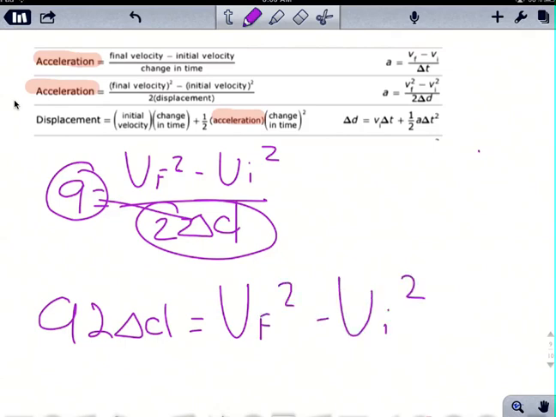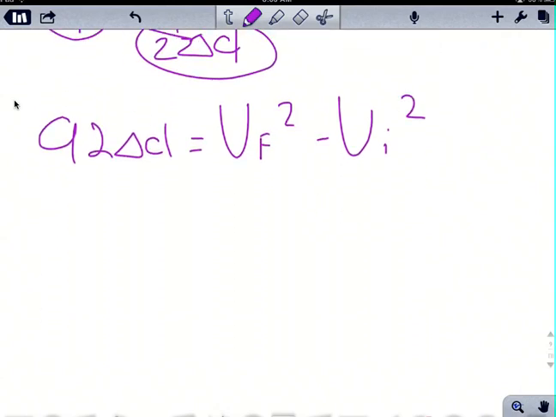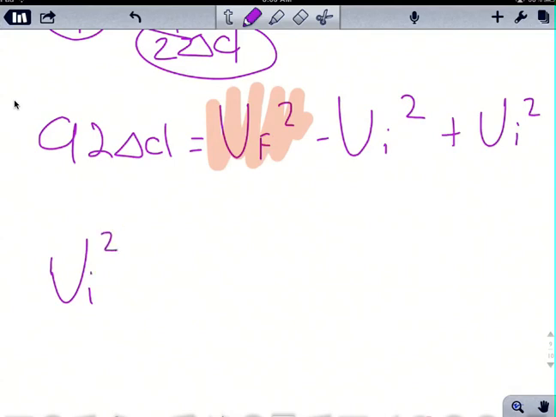The main place where people screw up using this equation is, say we're solving for our final velocity. We bring our initial velocity over by adding initial velocity squared to both sides. So what we'll have is our initial velocity squared plus 2 times our acceleration times delta D equals our final velocity squared.